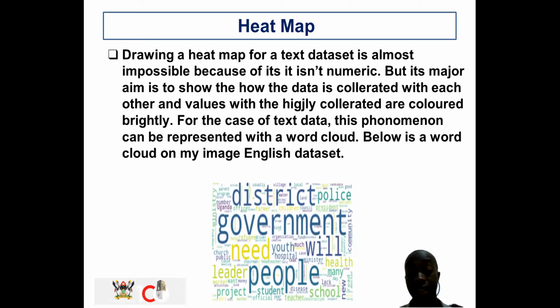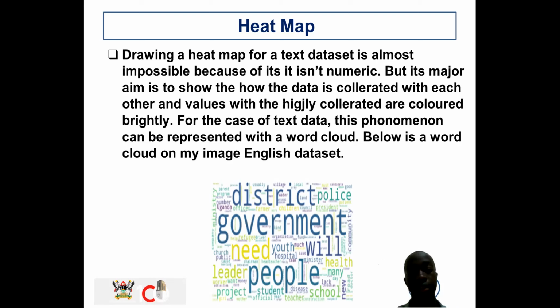So the other way that I could use was something called the word cloud. The word cloud is just a representation of the different words that are frequently used in given data sets.